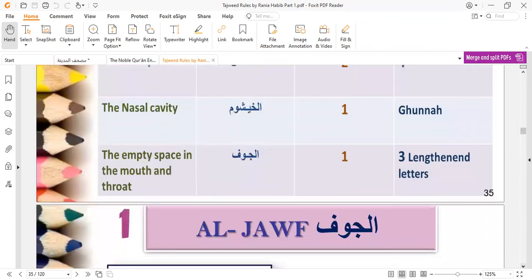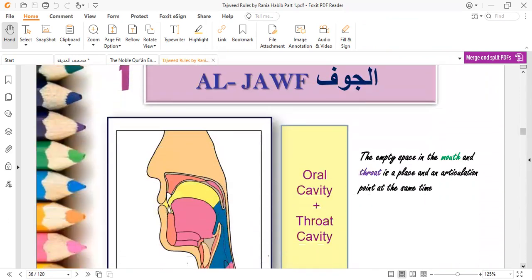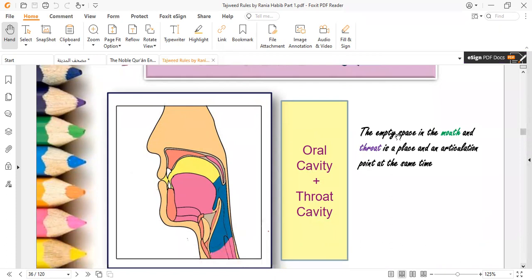Okay, from al-jawf. Al-jawf, this is the empty space, oral cavity and throat cavity, the empty space in the throat and the mouth. So the empty space in the mouth and throat is a place and an articulation point at the same time, because we said that the letters we articulate from this area don't have specific points.